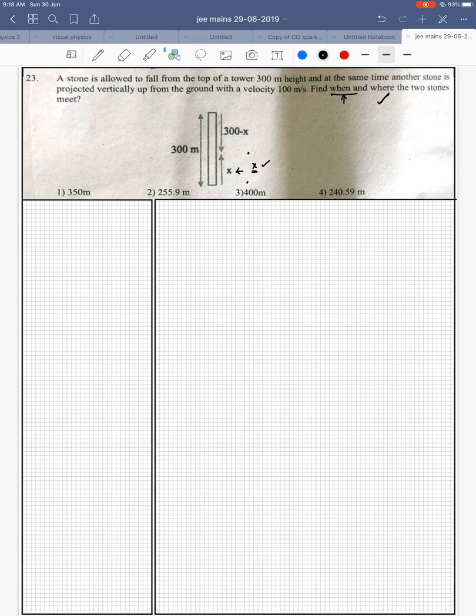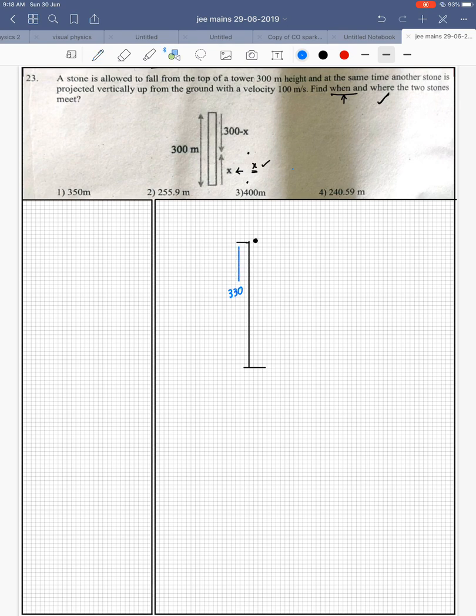Now a stone is allowed to fall vertically from the top of a tower. So there is a tower, there is a stone, and the height of the tower is 300 meter.